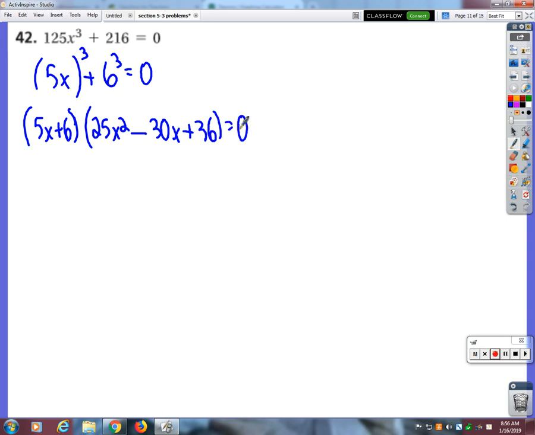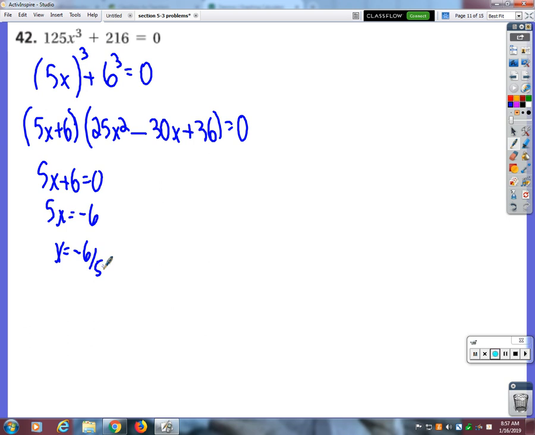This one is an easy one to solve, or it should be. If I take 5x plus 6 and set it equal to 0, how do I solve that for x? Subtract 6, and then divide it by 5. So one easy answer is x equals negative 6/5.